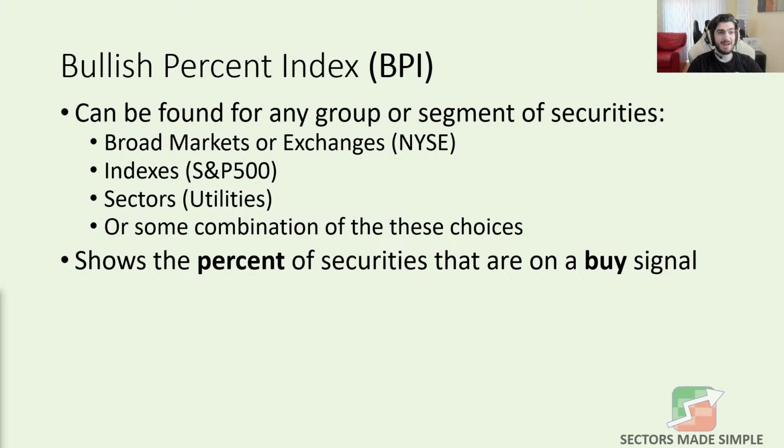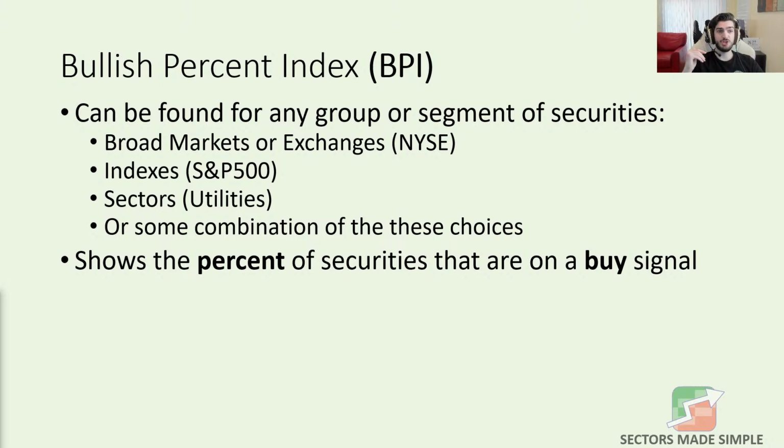That's the reason we can't have a BPI of one security. If we did, it'd be 100 if it was in a buy signal or 0 if it's in a sell signal, and that's not very useful. Instead, BPI is a percentage between 0 and 100, showing us how many companies in that group are on a buy signal, again shown as a percentage.